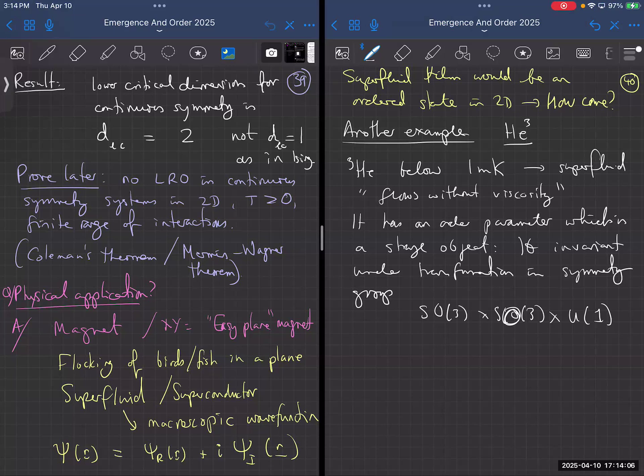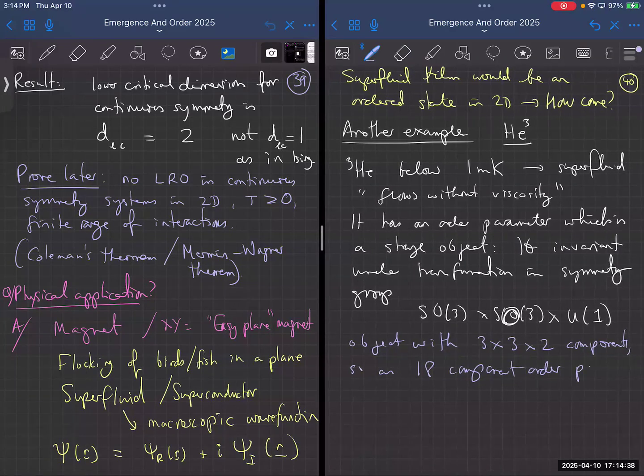And that means this is an object with 3 times 3 times 2 components, so an 18 component order parameter. And it's not actually just a vector, it's more complicated. I said the word vector, and it made me write down vector. 18 component order parameter.